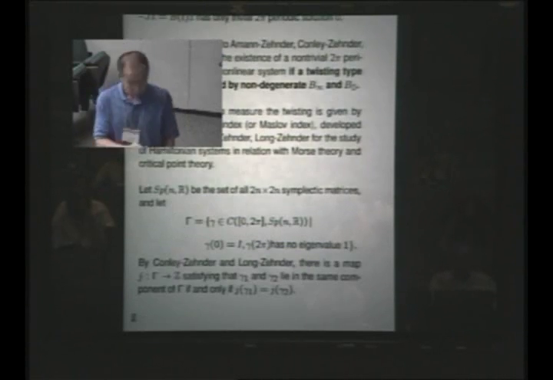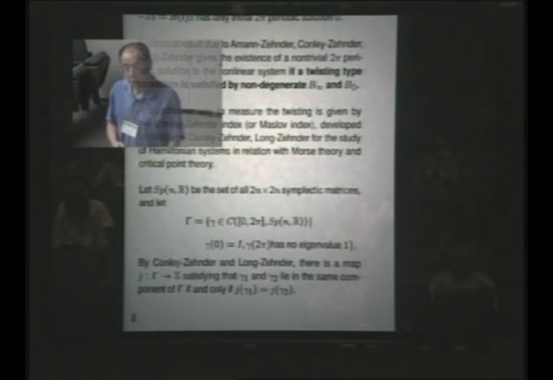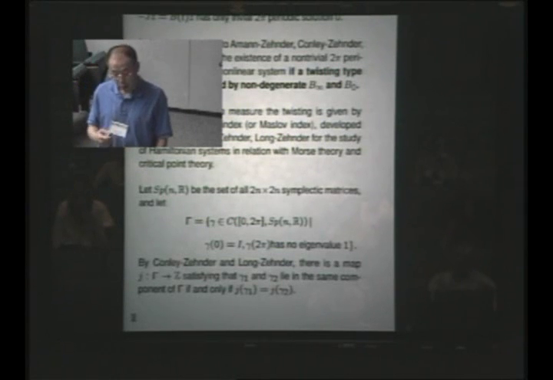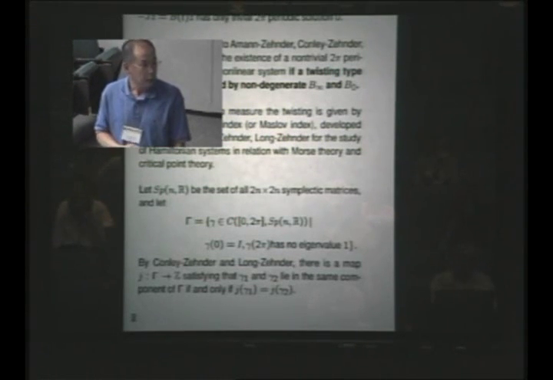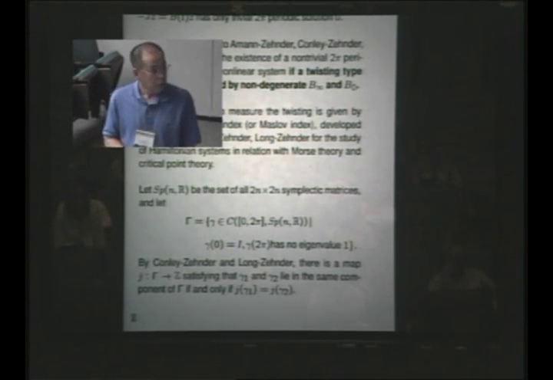To discuss this twisting condition, we need to review a little bit of the Maslov-type index. Consider the set of symplectic matrices that have no eigenvalue 1. By Conley, Zehnder, and Long, this set can be divided into countably many connected components.